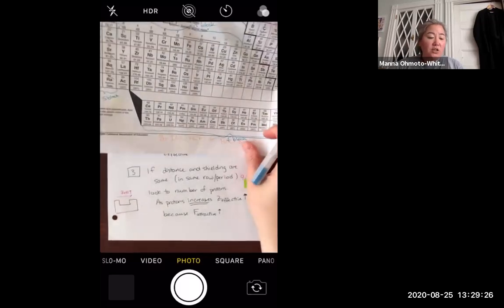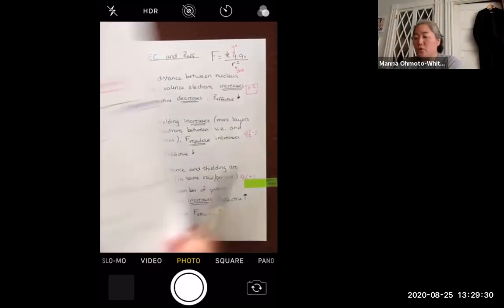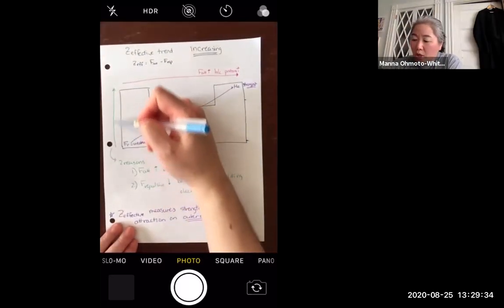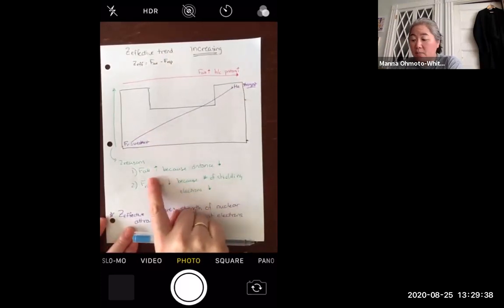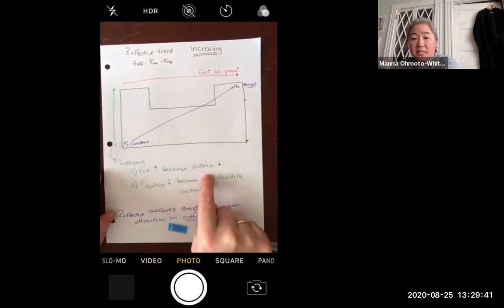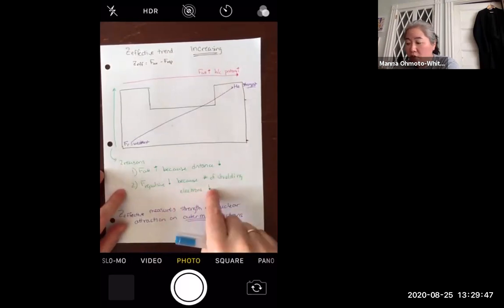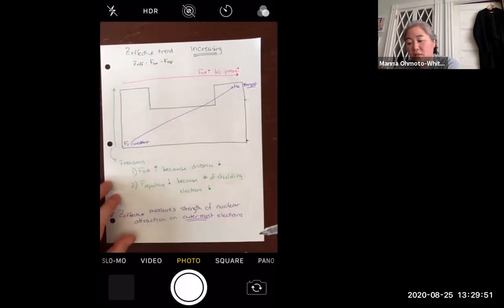So this helps us understand, it's a vector quantity, right? Because forces are vector quantities. As I go up the periodic table, my Z effective increases, and that's because my F attractive increases because my distance is closer. My valence electrons are closer as I go up this way. And my F repulsive decreases because the number of core electrons, the shielding electrons, decreases.